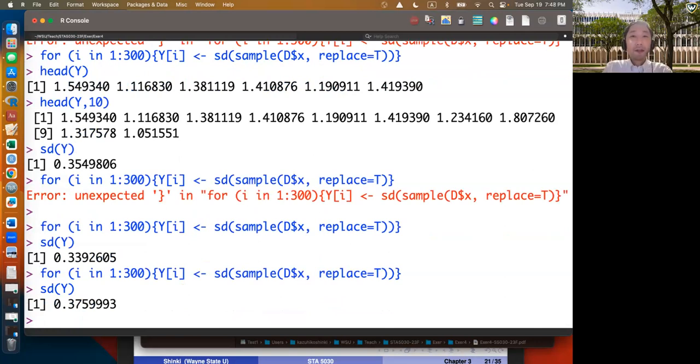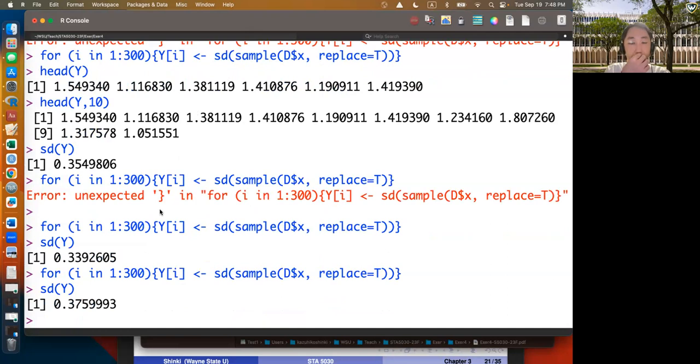Okay, so that's it for today. I checked the attendance, and I got the chat. And my recommendation for the number of bootstrap replications is maybe 300 to 1000.